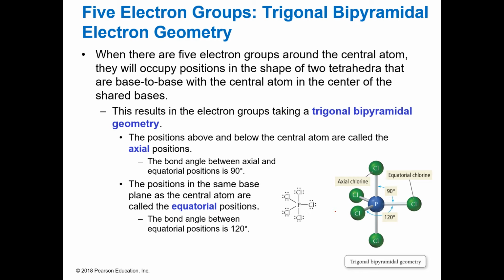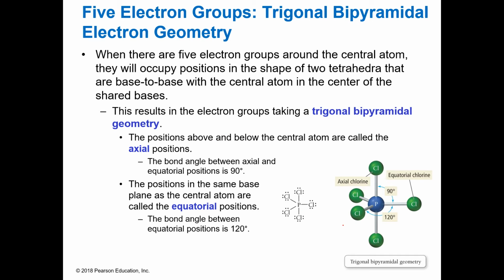Okay, 5 electron groups. This is when I have 5, so this is where we're going to have an expanded octet, because that'll be 10 electrons around a central atom. Here, 2, 4, 6, 8, 10 electrons, but 5 electron groups, 5 bonds. That's going to give us what we know as a trigonal bipyramidal geometry.